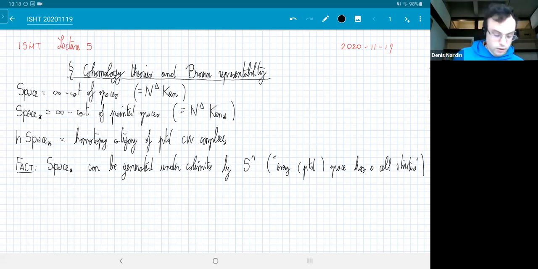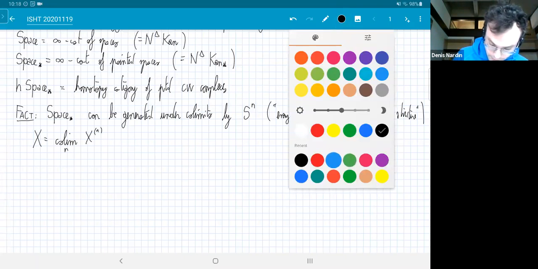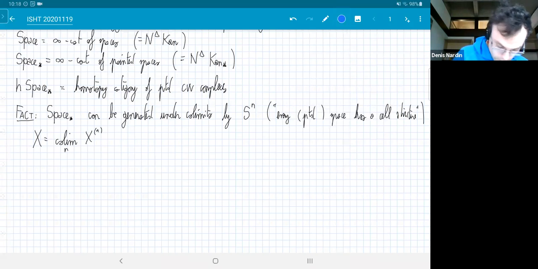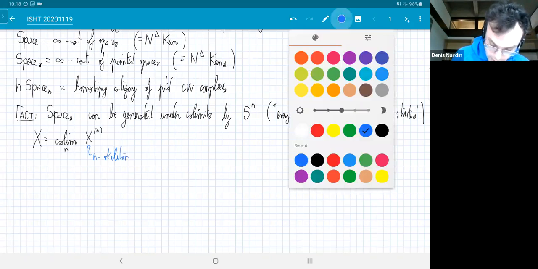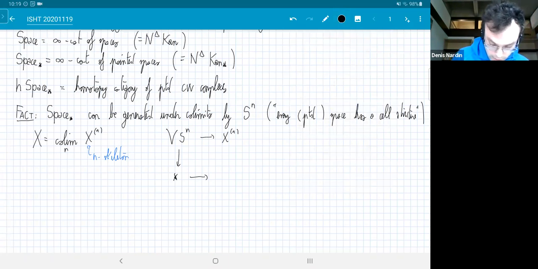You can think of it as every space X can be written as the colimit of its skeleta. And for example, you can realize the n+1 skeleton by taking this homotopy pushout by attaching a bunch of cells.